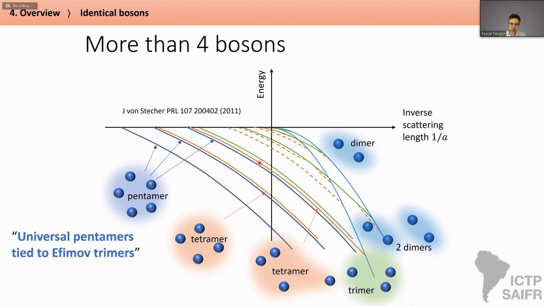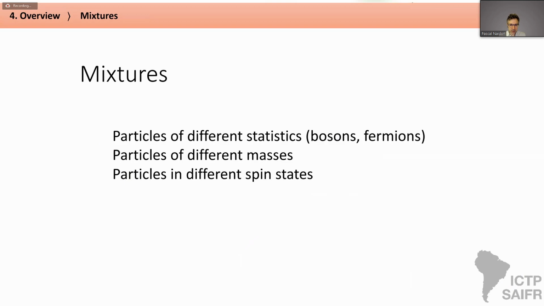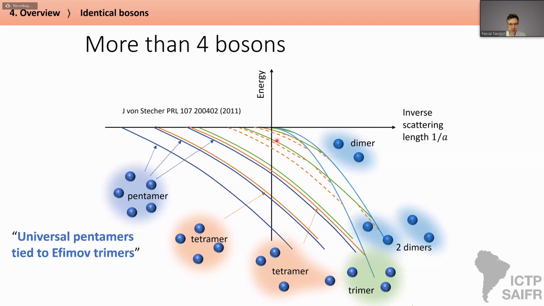I think this was only calculated around this ground trimer state. The calculation is a bit involved for this excited state. Presumably the same structure repeats itself for the excited state, but I think this has not been confirmed yet. So we have this kind of indication.